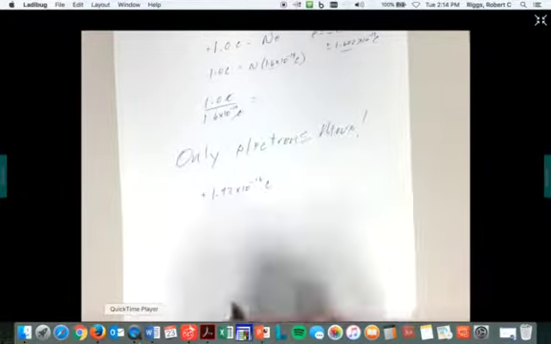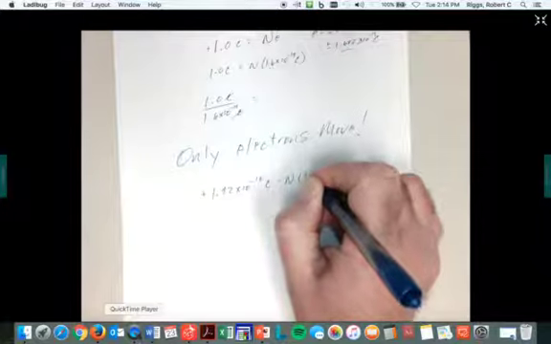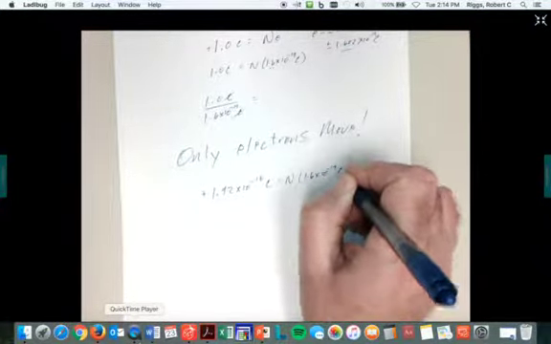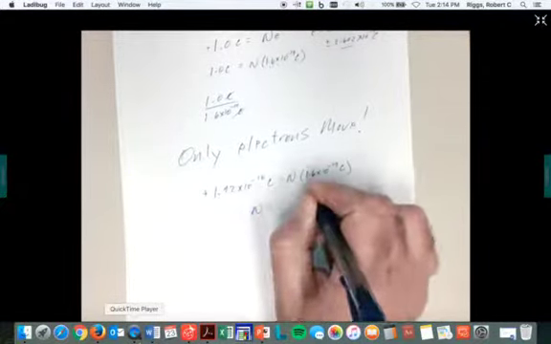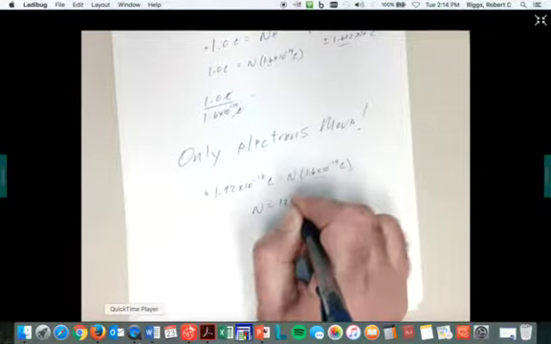That is equal to N times 1.6 times 10 to the negative 19 coulombs, which is the amount of charge that ran away from it. So you divide those two numbers, and you should wind up with N equal to 1200.